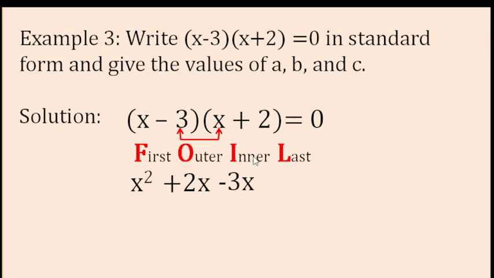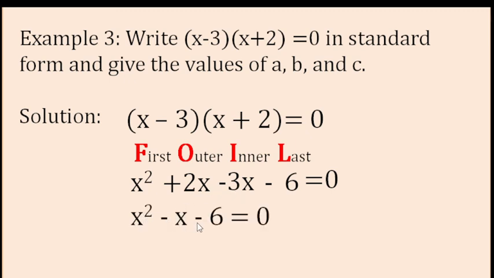Then last terms, negative 3 and 2, that gives us negative 6, and of course equals 0. Now we can combine these two terms, plus 2x minus 3x. So that gives us x squared minus x minus 6 equals 0. And the values of a, b, and c are a is 1, b is negative 1, and c is negative 6.